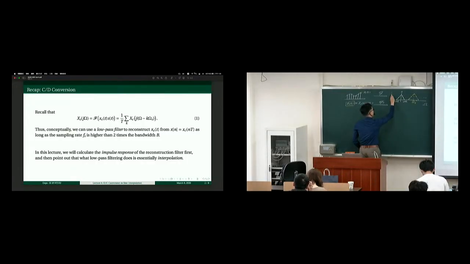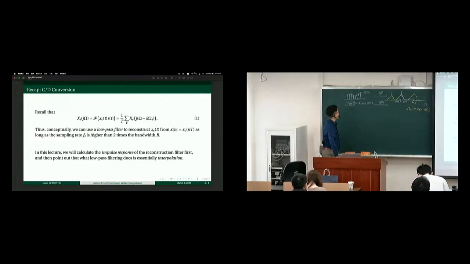The point is that if the spectrum is band-limited, and if omega s is greater than 2 times the bandwidth, 2 pi b times 2, then according to the Shannon-Nyquist theorem we are okay, because this triangle does not interfere with that one. They don't overlap.